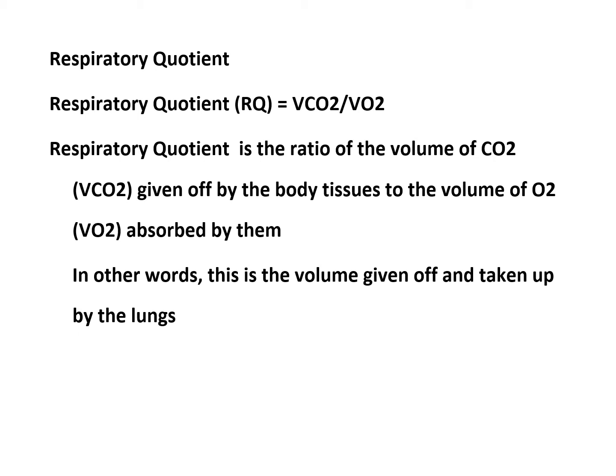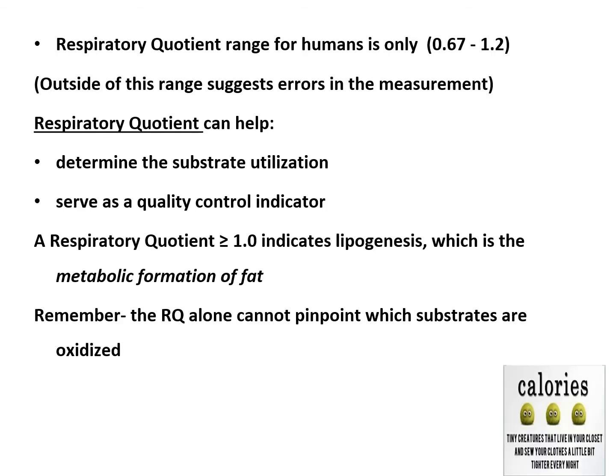So that's our normal value. We're going to look at what it means when our numbers are out of those ranges. The normal range per se is 0.67 to 1.2, but generally 0.8 is mathematically how it works out if you take the normal units of 200 divided by 250.